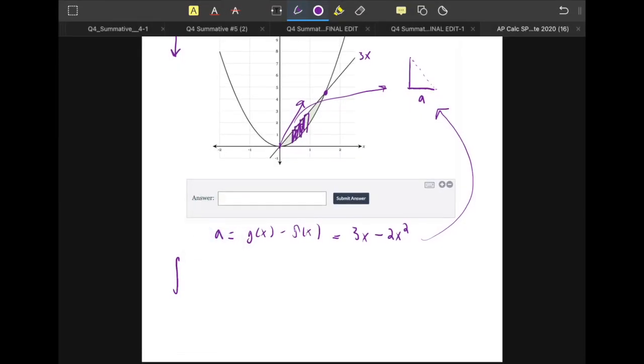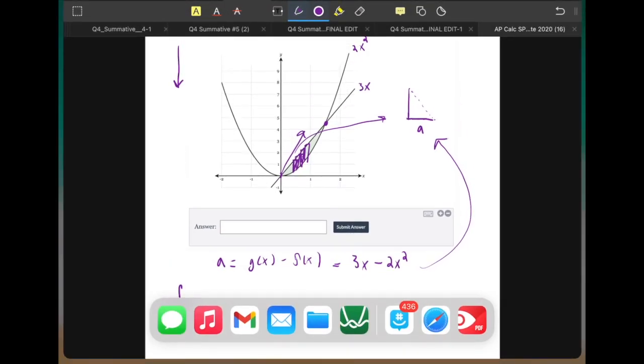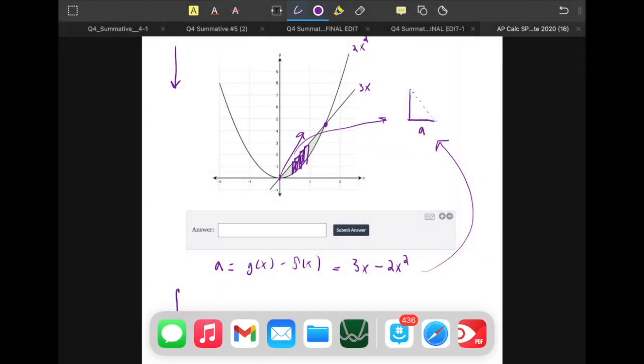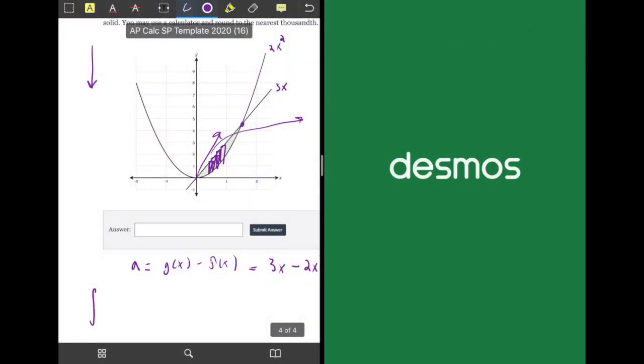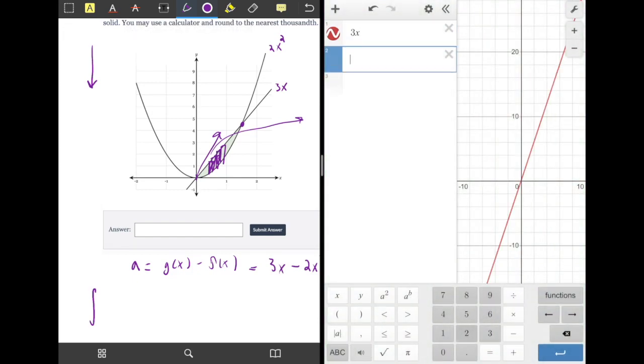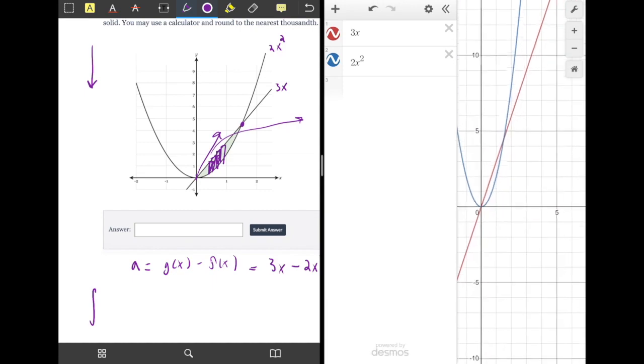There we go. Can I not do the same screen anymore? There we go. All right. So we've got Desmos. Let's check it out. If we have 3x and we have 2x squared, we're going to zoom in on this one.